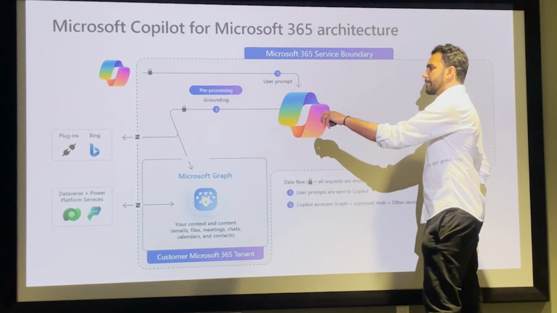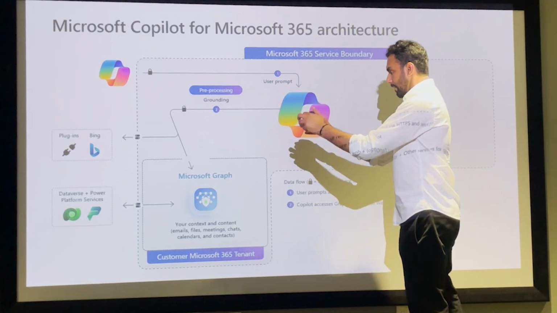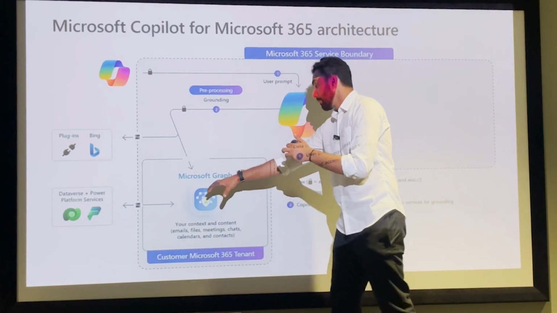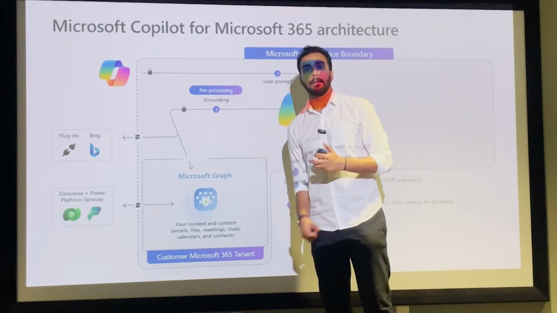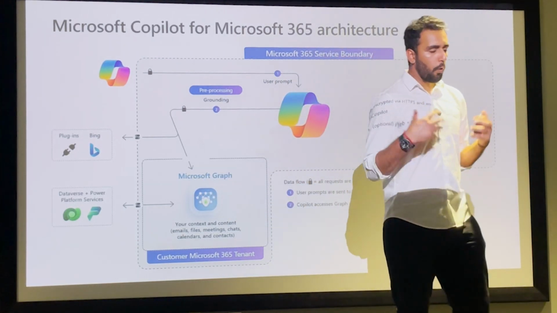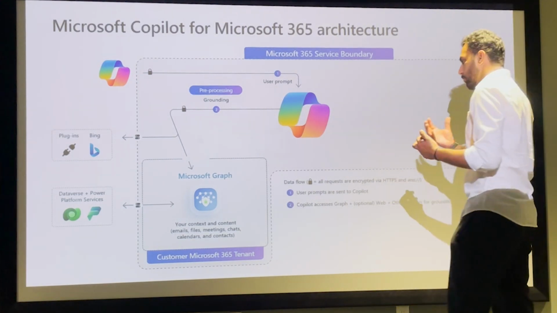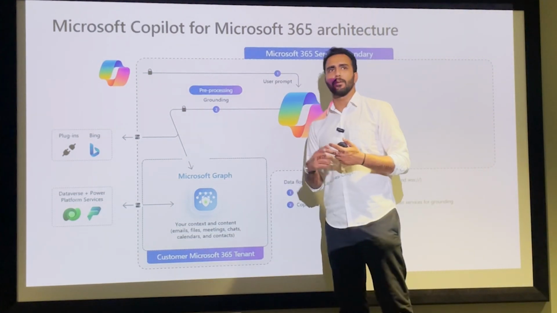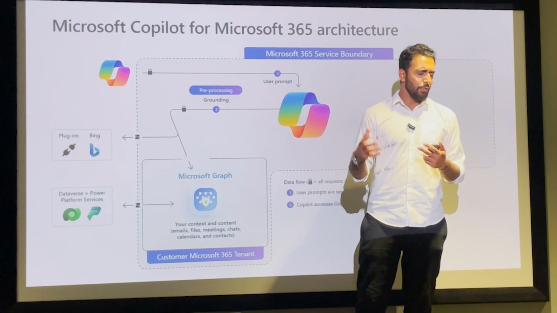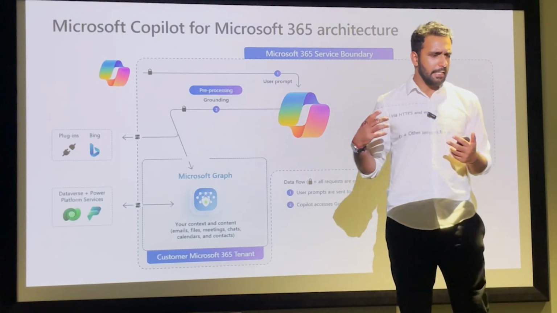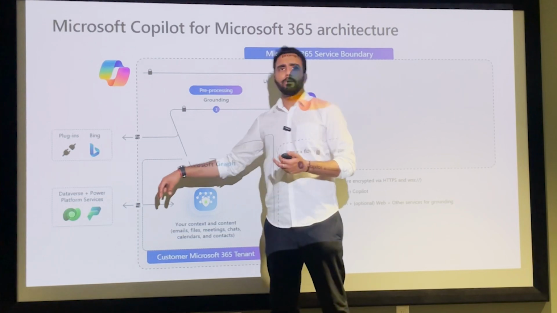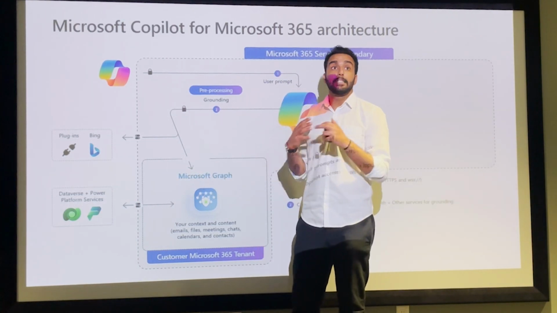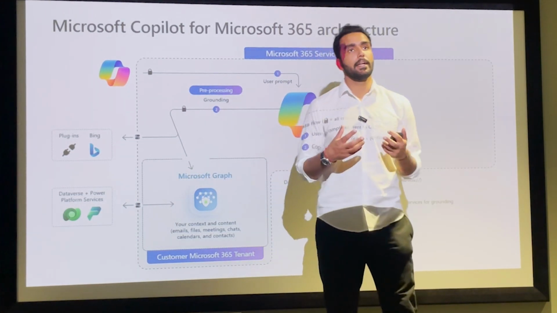Now, these plugins and connectors would add your third-party applications here, and all that data would get indexed into something called Microsoft Graph. All the information that Copilot is going to receive, your files, your folders, your emails, your contact details, the files associated with other users, the data that's going to come from outside, will be staying within the context of your organization.